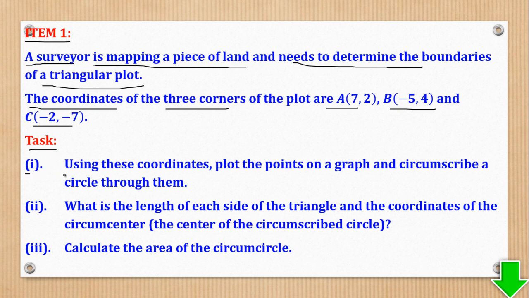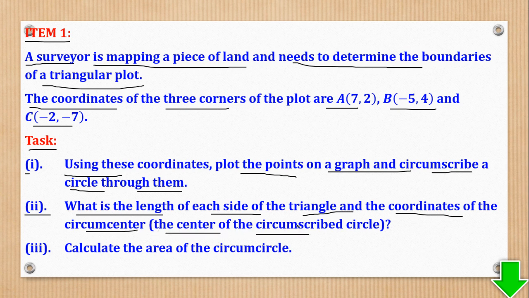Task (i): using these coordinates, plot the points on a graph and circumscribe a triangle through them. (ii): What is the length of each side of the triangle and the coordinates of the circumcenter, in brackets the center of the circumscribed circle? (iii): Calculate the area of the circumcircle.